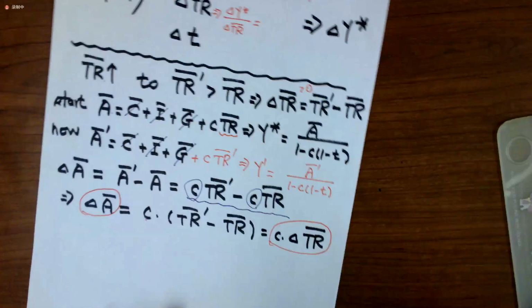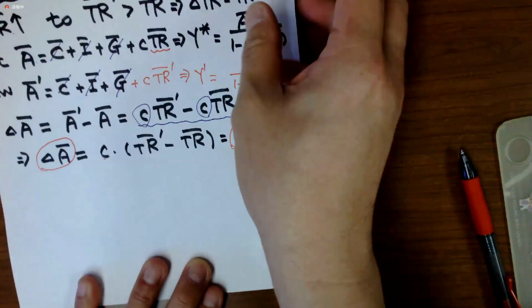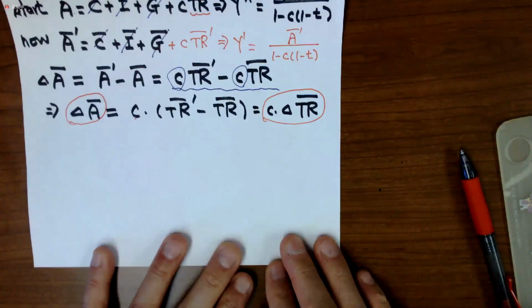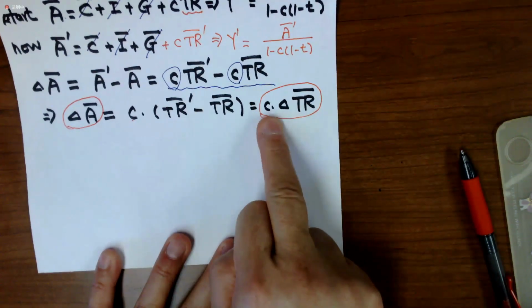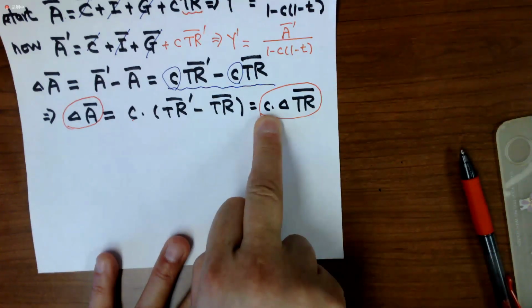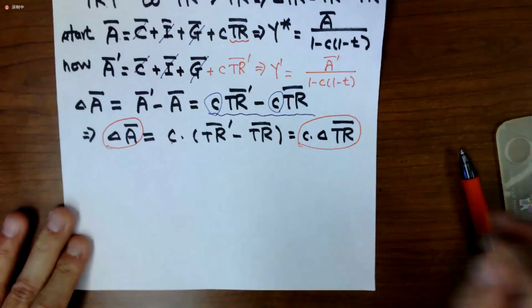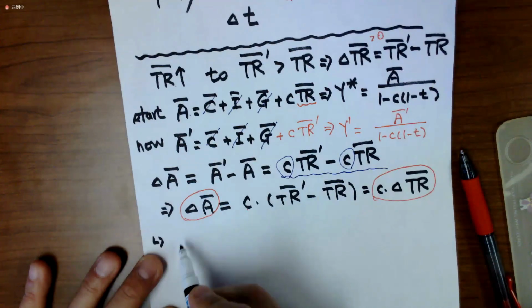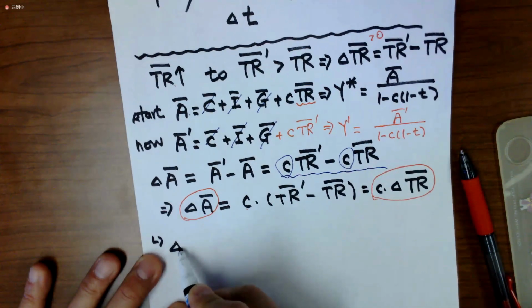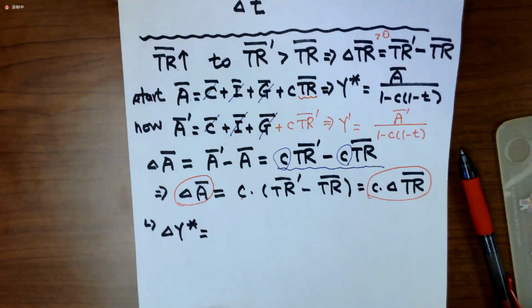Right now, the impact will be smaller on the total autonomous spending. Before it's 1-to-1. Right now it's 1 to little c, 80 cents. Everybody? Good. So now, with this in mind, we can do the derivation of the transfer payment multiplier.